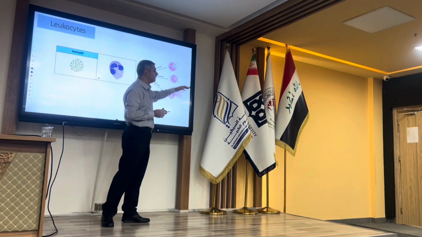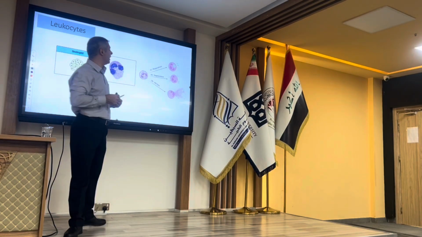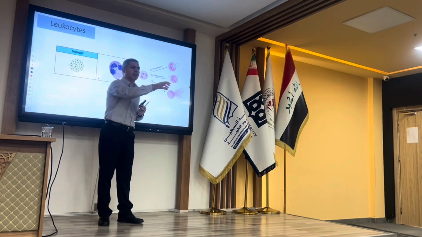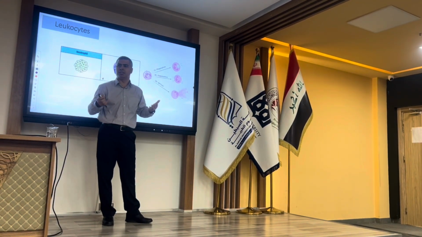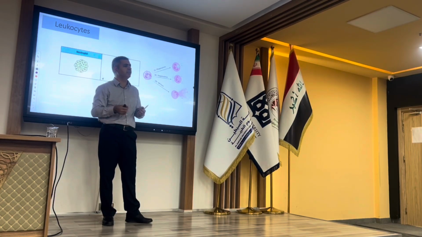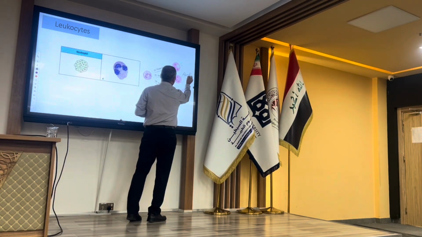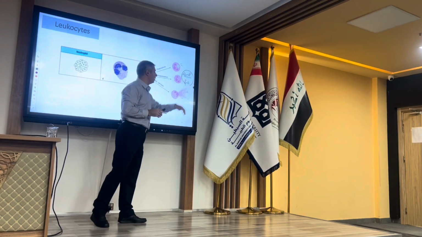But if the target cell is big and neutrophil cannot phagocytose it, it will release the content of its granules on the target cell. And I told you the content of these granules is toxic to the target cell. For example, they have some enzymes, including lysozyme, and some peptides called antimicrobial peptides, and some other products that are toxic to the target cell.